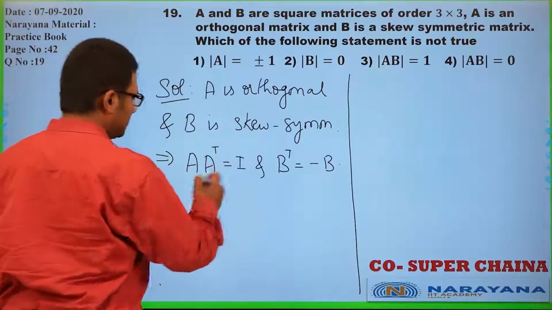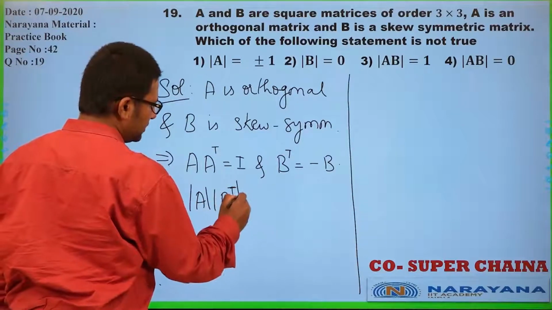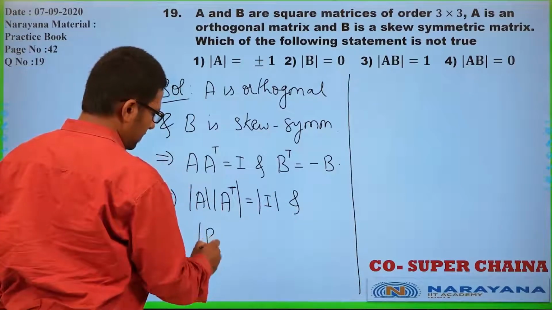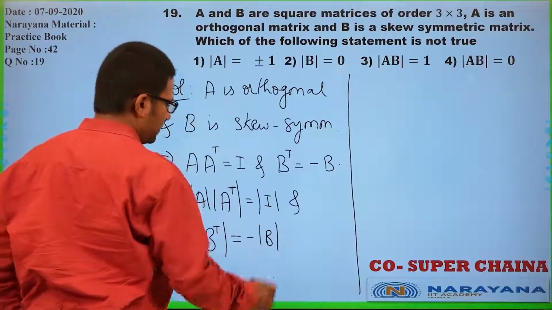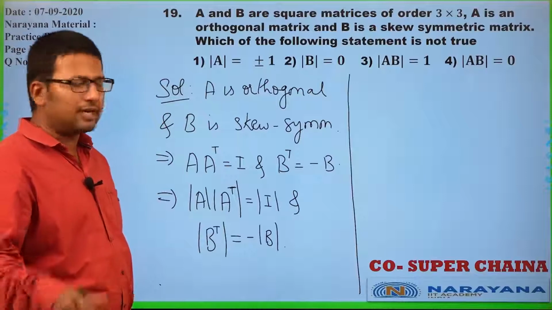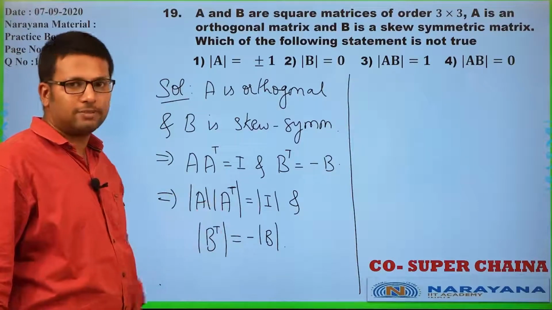So if I take determinants on both sides, mod A into mod of A transpose is equal to mod of I, and mod of B transpose is equal to minus mod B. We are using a property of determinant that you are going to study later, that when two matrices are getting multiplied, the determinants will also get multiplied.